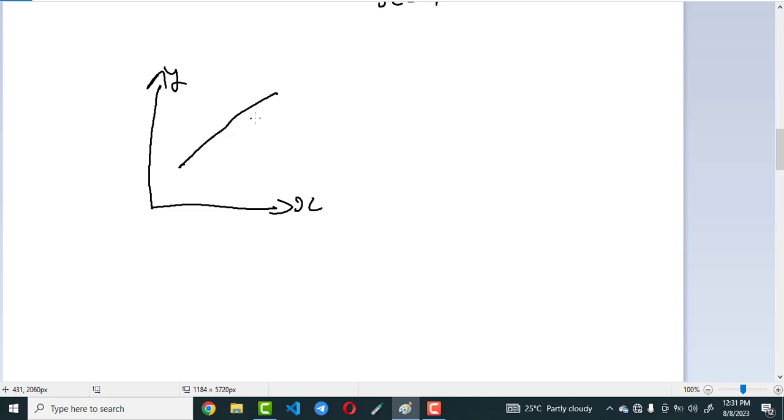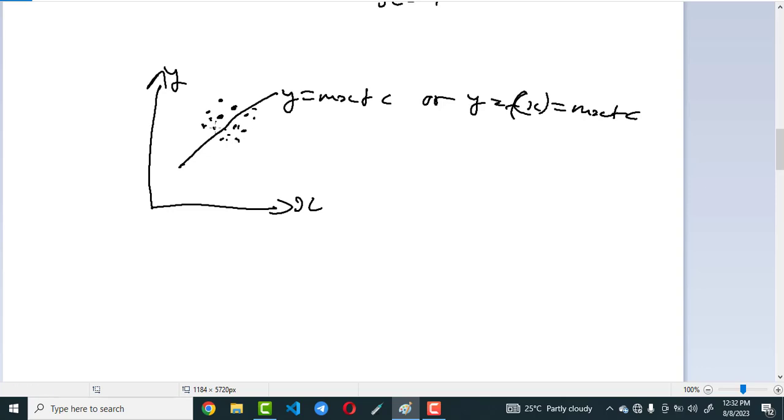Let us say y equals f of x, which equals mx plus c. This is a linear function. Whenever we have data, and let us assume these are grouped data, and the data is close to our linear function, it means the data is related.